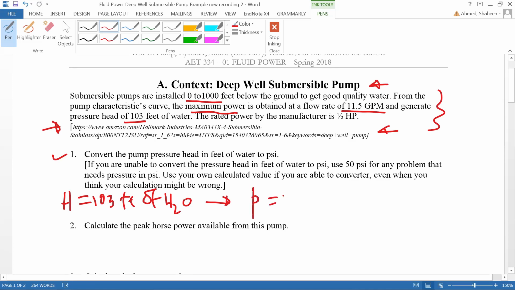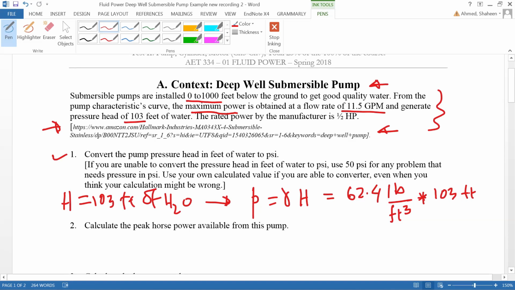So we know that P equals gamma H. This is one of the takeaway equations that I want you guys to take from this class. Gamma is 62.4 pounds per feet cubed. So if you fill a 1 feet cube box with water, it's going to weigh 62.4 pounds. Multiply by 103 feet of water.